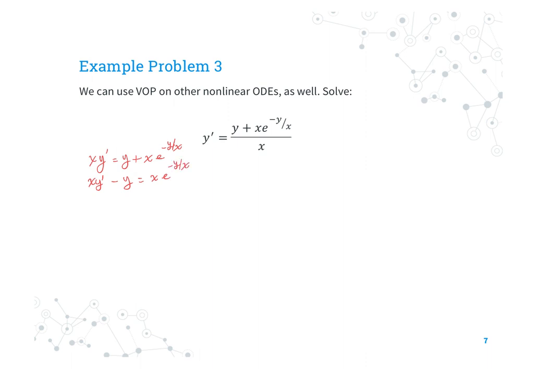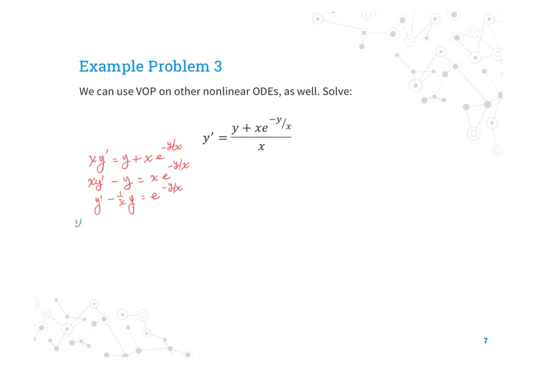Now if we divide everything by x, we get y' - (1/x)y = e^(-y/x). So we had to change just a little, and that's going to be what we're looking for, because now we can use our variation of parameters.